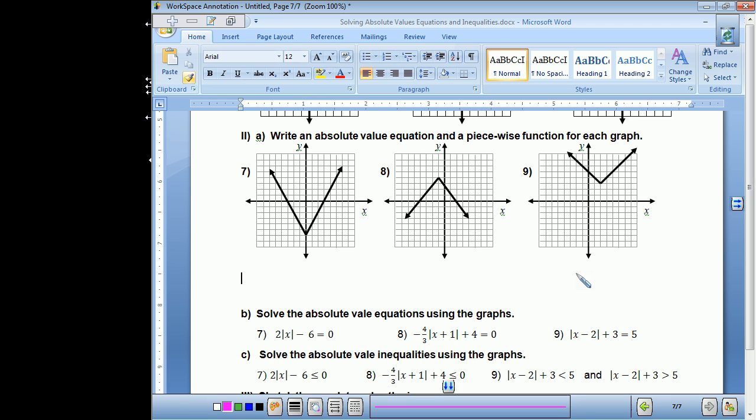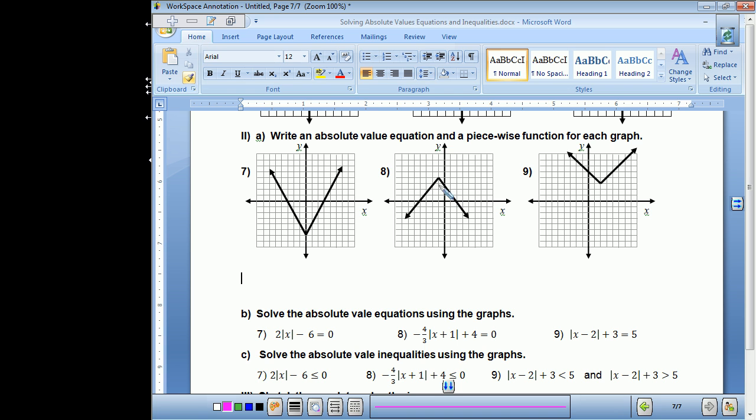Okay. So, they're all V's. And if we look at them, let's check out the slope. The slope on this side is right 1 up 2. What is the slope on this side? Left 1 up 2. So the slopes are just opposites, aren't they? This one looks off.